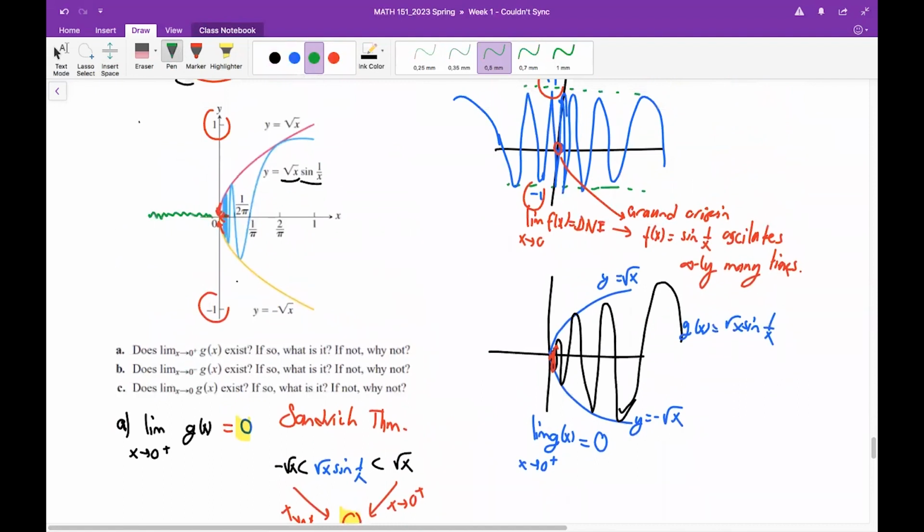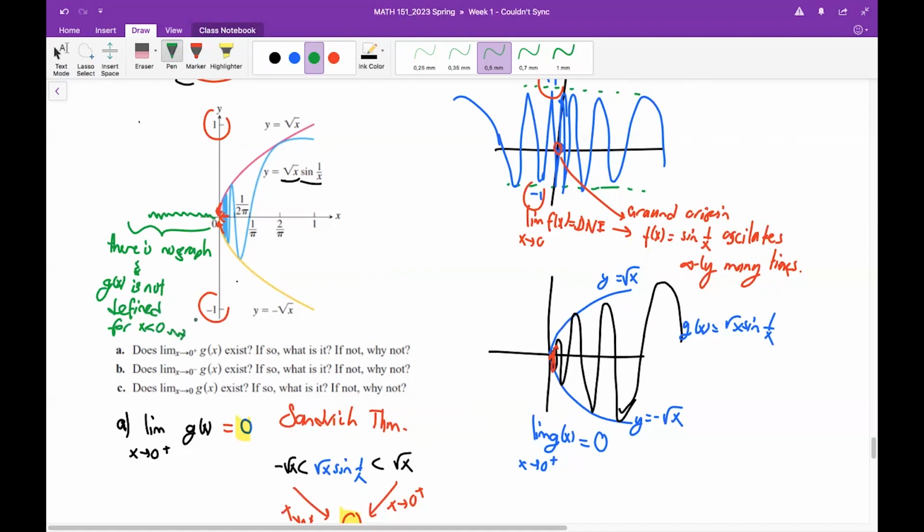Look at the left side of the origin. Is there any graph here? There is no graph over this part, on the left part, which means that your function is not defined for x less than 0.